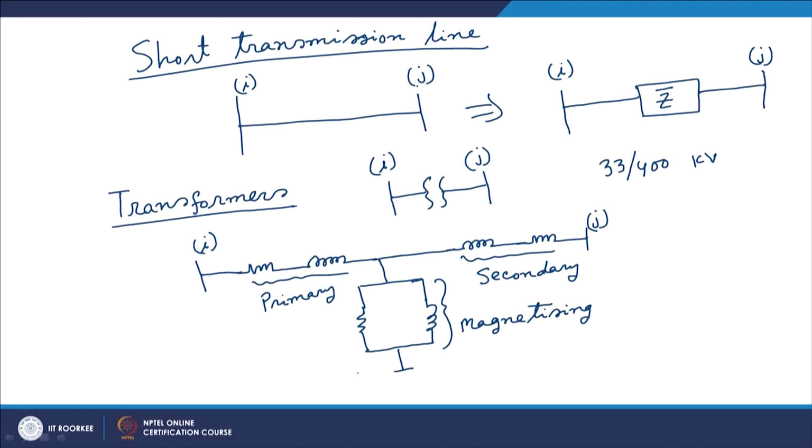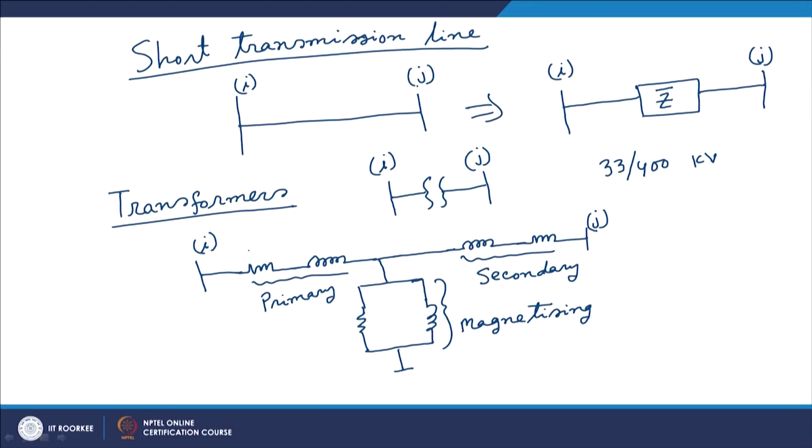Now, for all practical purpose, the current as well as the power drawn by this magnetizing branch is pretty small, right. So, if the current drawn by this magnetizing part is pretty small, then for the purpose of our engineering analysis, we can simply neglect this part. If we do neglect this part, then we have this equivalent circuit.